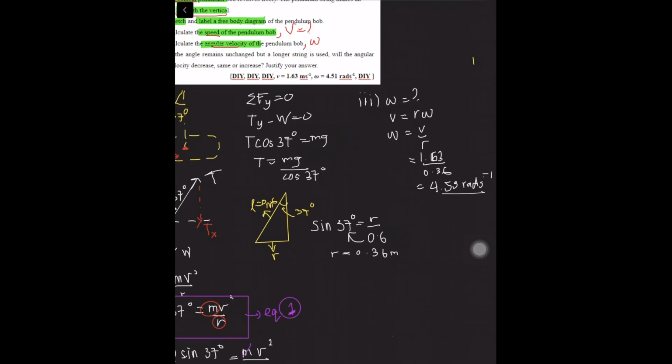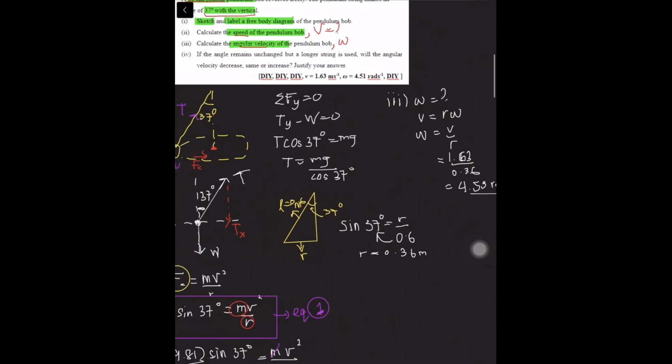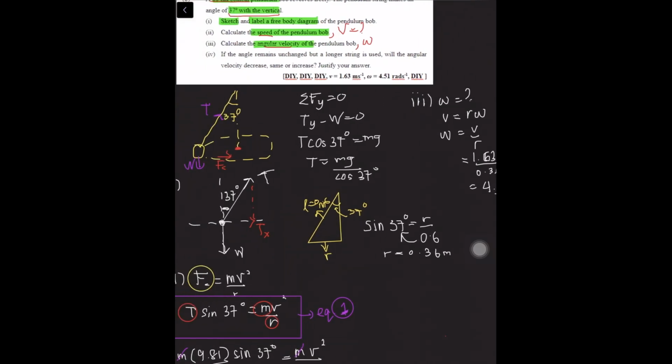That is the answer for the angular velocity of the pendulum bob. It's a little bit different from the answer given, but it's okay, the difference is about 0.001. So we proceed with the last question.